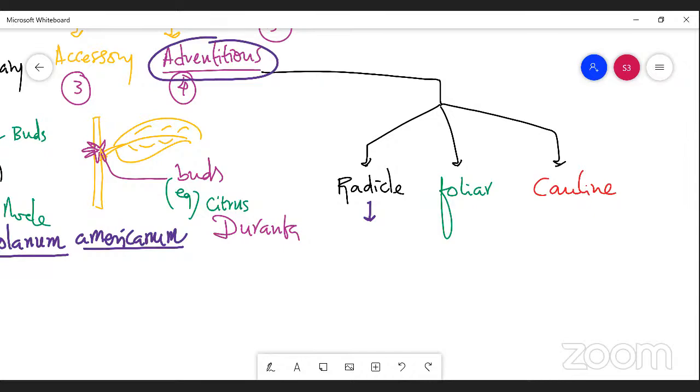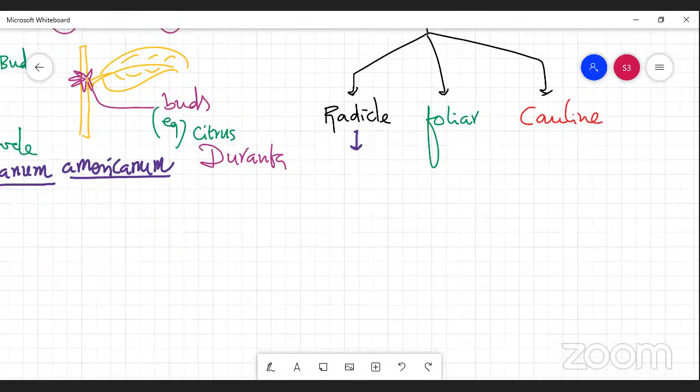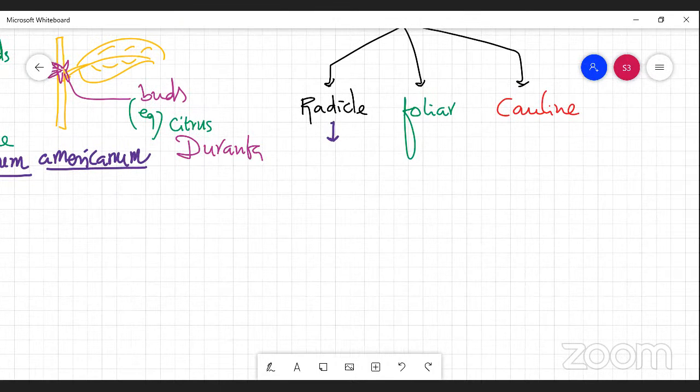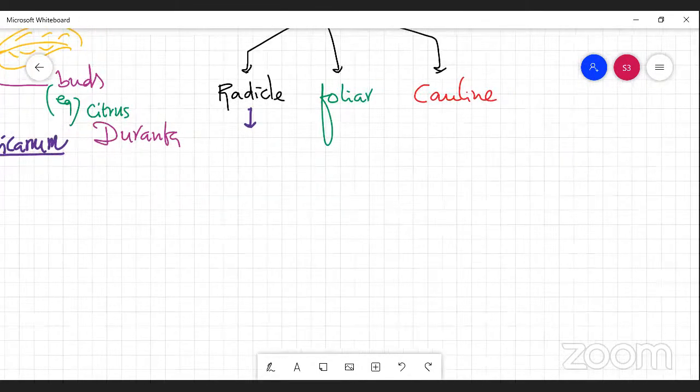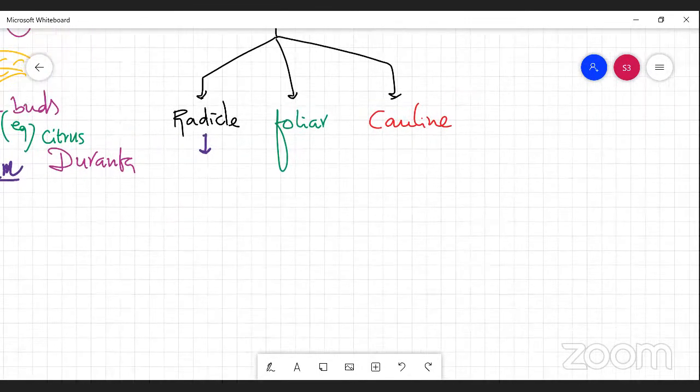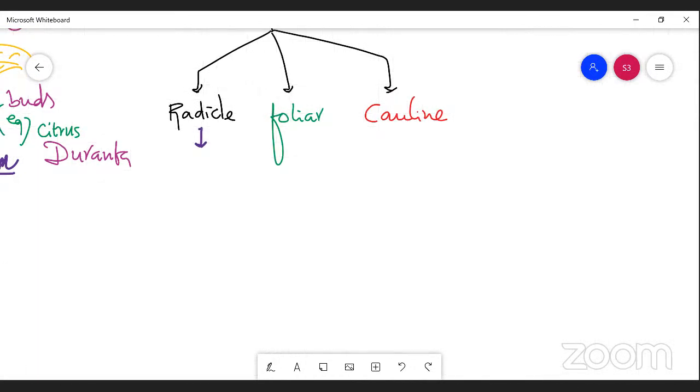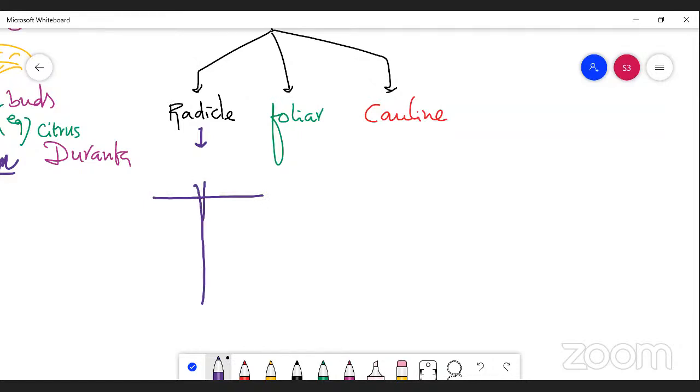I'm talking about the fourth classification of buds, adventitious buds, which I take in three types. The first category is radical bud. In the case of Millingtonia, now this is a root system in which generally the root is positively geotropic. Here, some buds may arise from the root portion.